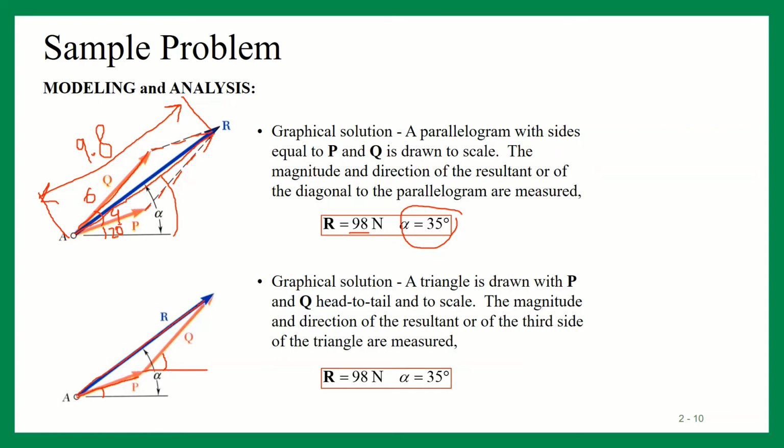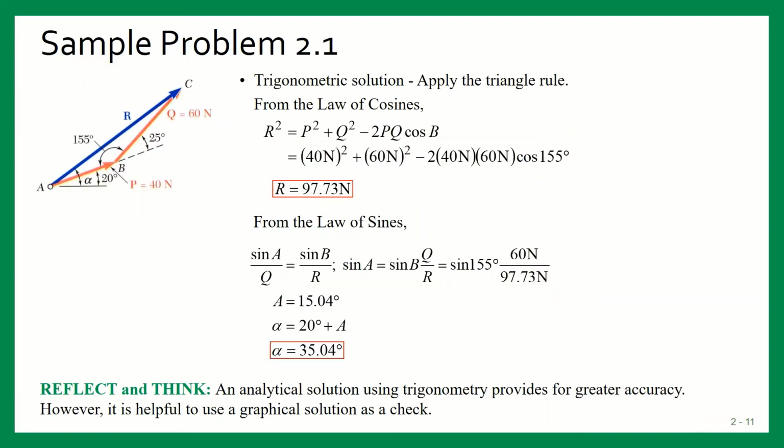Next you complete this triangle. Again you measure this length and this angle. Then you will find the length will be 9.8, so 98 Newton, and the angle will be found similarly. So this is this method.